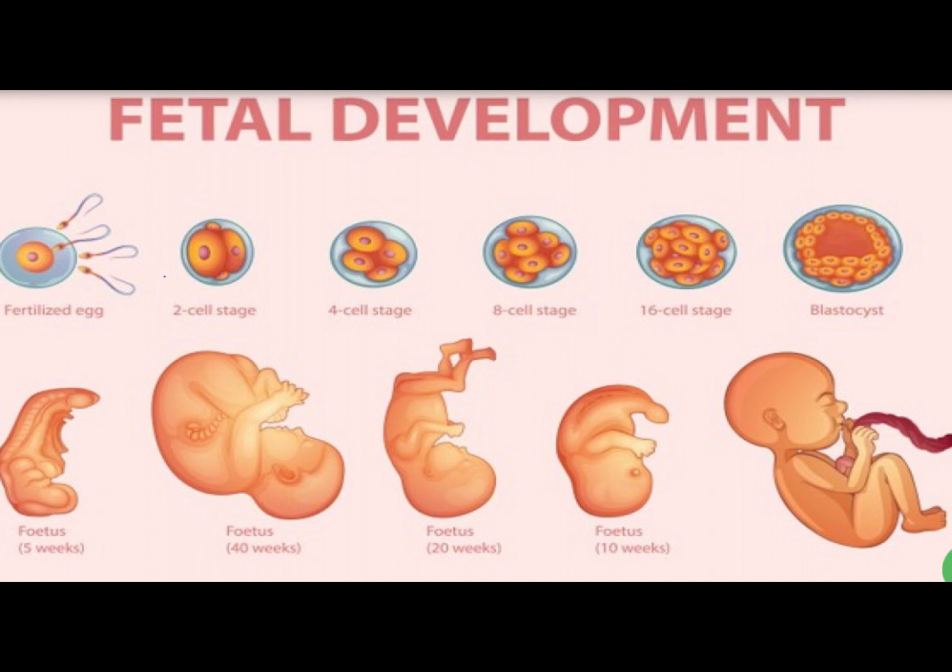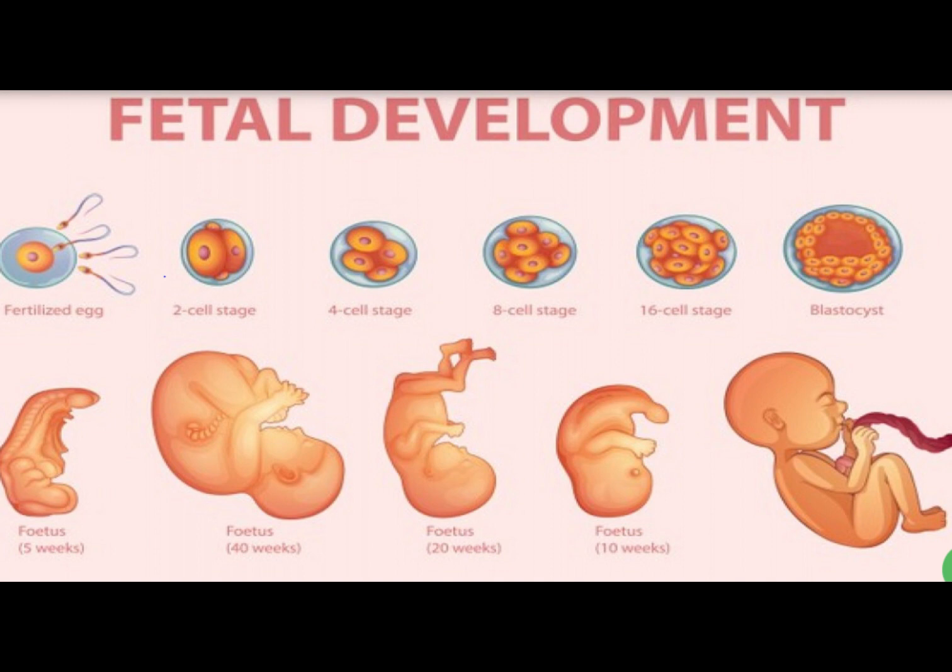This means there are 3 trimesters: the first, the second, and the third. Most people don't talk about their pregnancy in these terms, but it can be helpful to know.